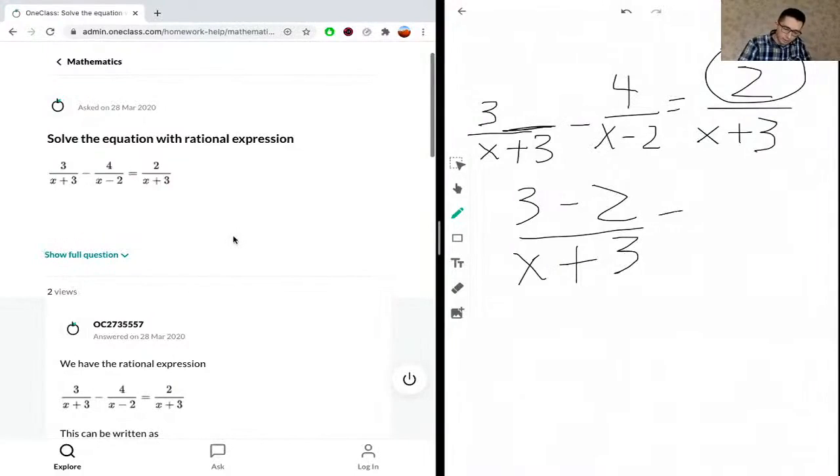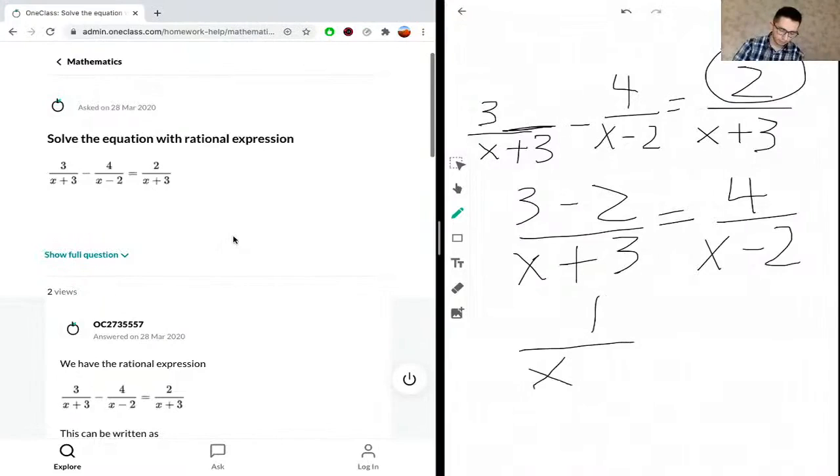And then this is equivalent to, we're going to move this term to this side. So we get positive 4 over x minus 2. And then the next step is we have 1 over x plus 3 equals 4 over x minus 2.